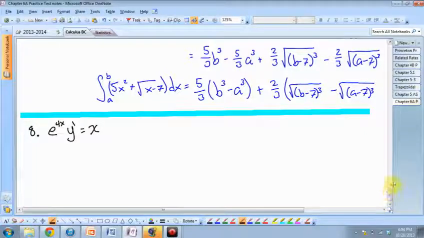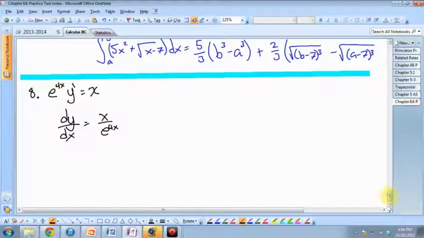I want to separate variables. I probably won't have the opportunity to do that unless I have a dy dx. I know I want to get rid of this one, though. So dy dx is equal to x over e to the 4x, which looks intimidating to integrate. I'll admit, that looks bad.